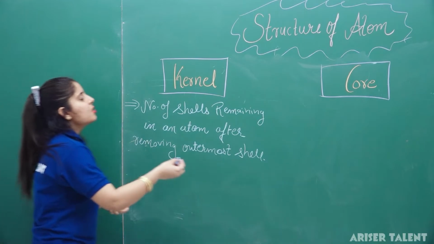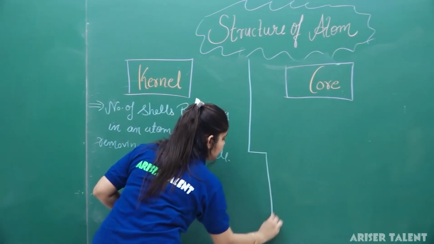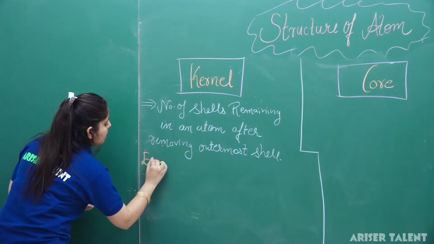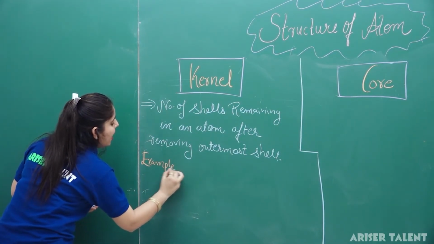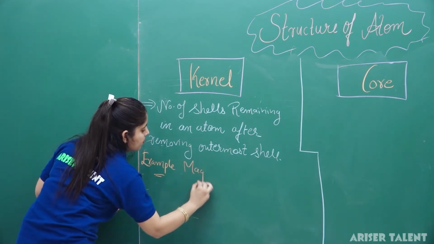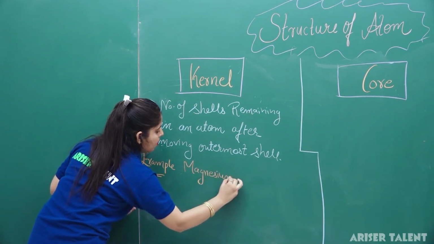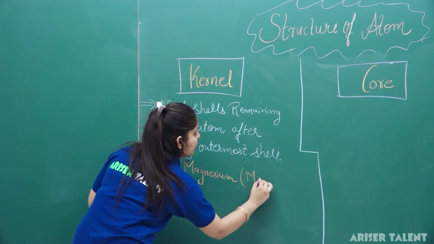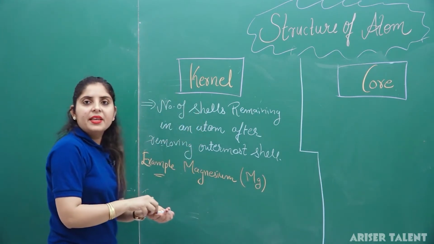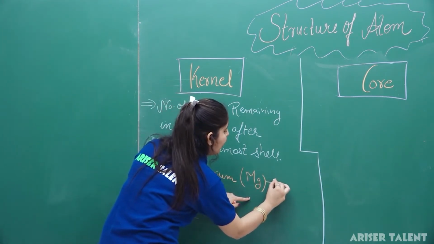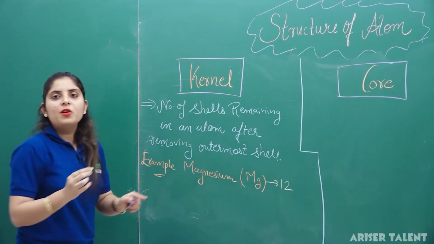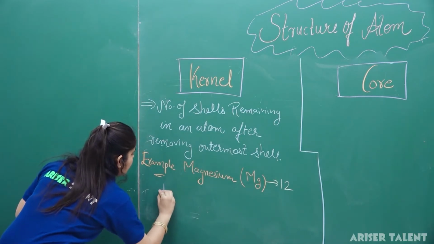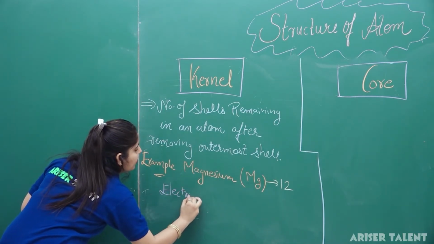So it can be explained with the help of a suitable example. Suppose I have an example of magnesium. We know that the symbol for magnesium is Mg, and magnesium has an atomic number of 12. So we will write the electronic configuration of that atom.